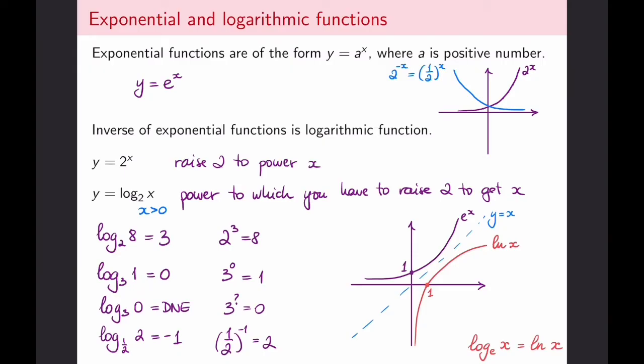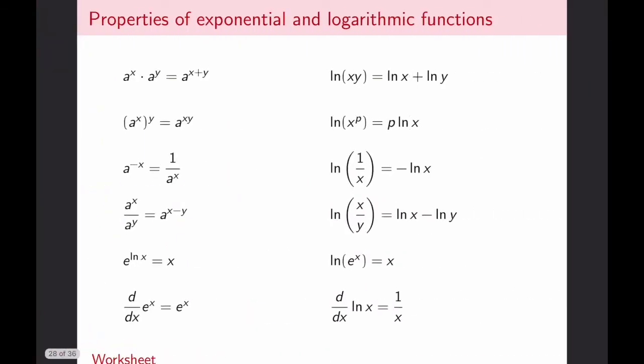Now, logarithmic and exponential functions do have quite a few properties that are very useful when it comes to solving equations that involve these functions and also just performing various simplifications. So these are just a list of properties of these functions that I encourage you to go through.